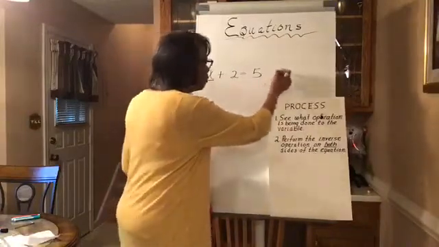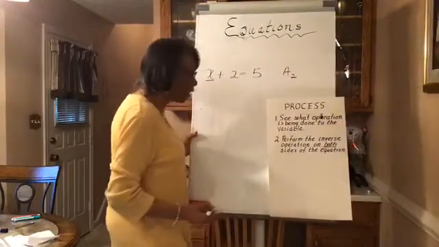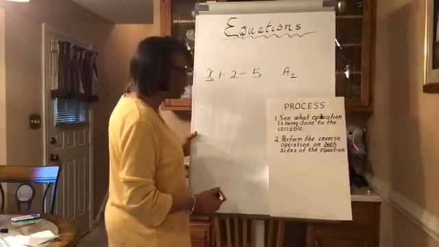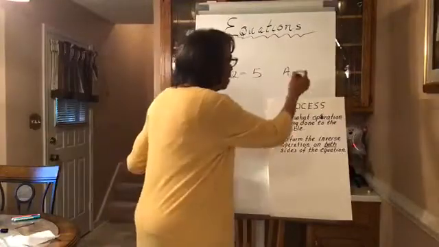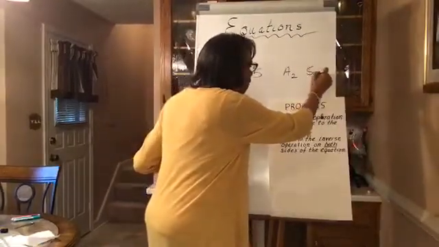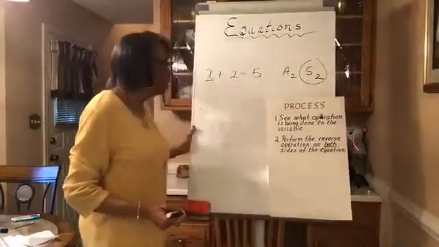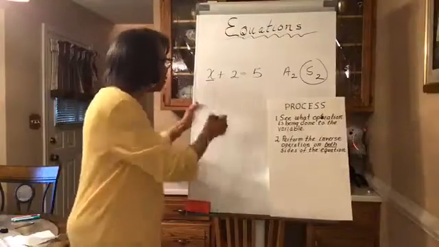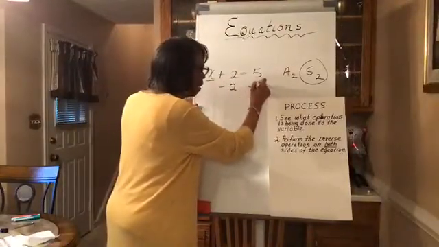Here we're adding 2. What is the inverse operation for adding 2? I hope you said subtract 2. All right? So this is the inverse operation. So we have to perform that on both sides. So we're going to say subtract 2 and subtract 2.